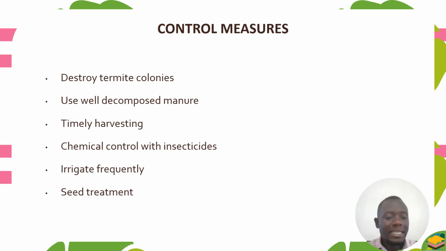And then seed treatment is also one way of controlling the termites. Those seeds will be treated with chemicals, so the termites will not be able to attack the treated seeds.